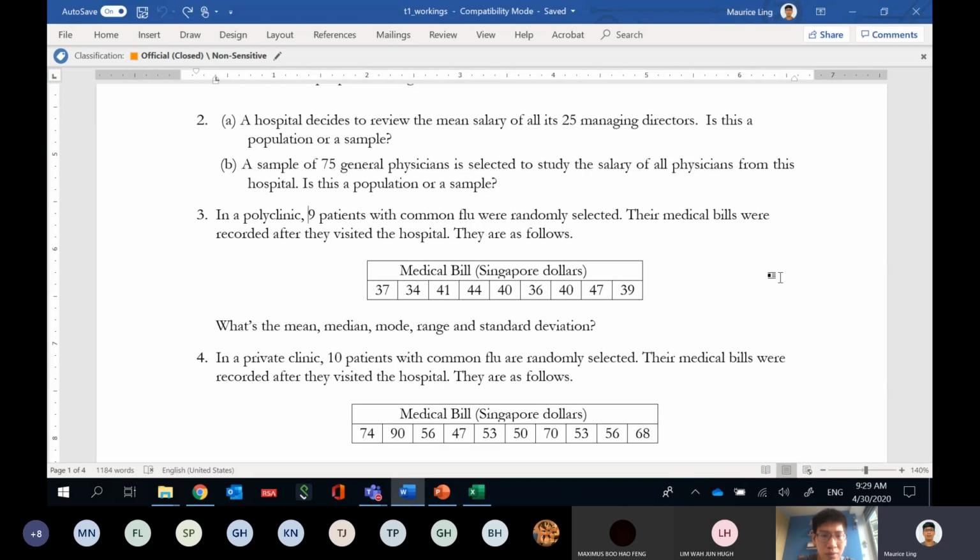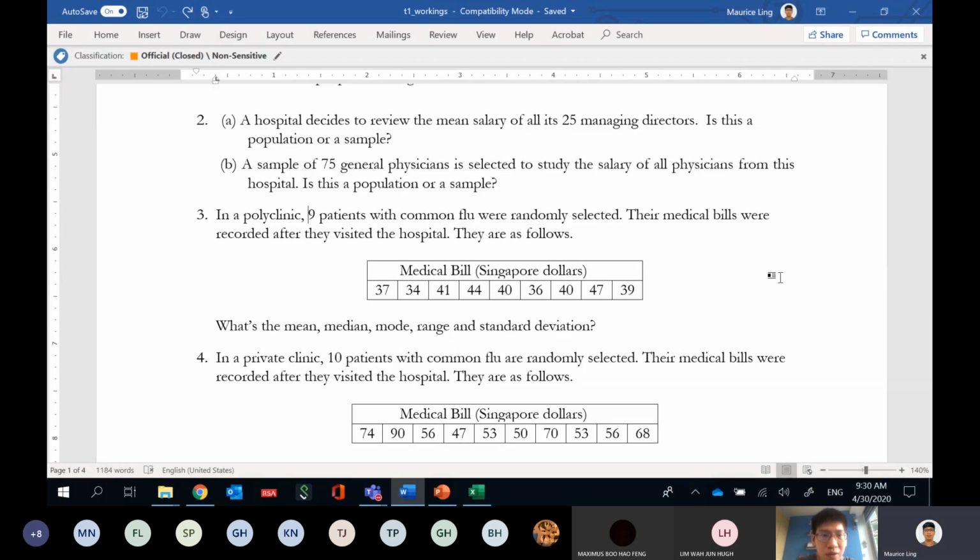Okay, so we don't bother with question 1. Let's go to question 2 first, because question 1 is more of the very dry concepts. Question 2A. A hospital decides to review the mean salary of all of its 225 managing directors. Is this a sample or a population?